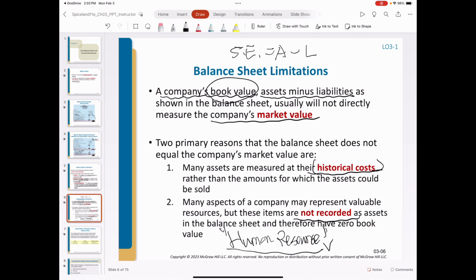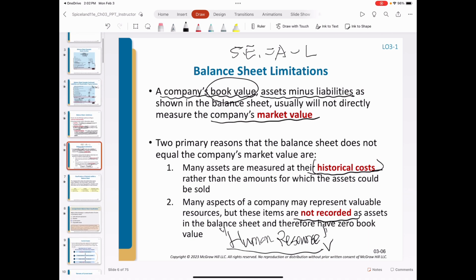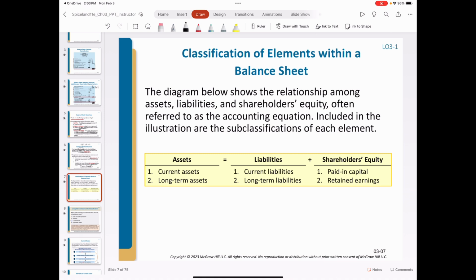Another one is the brand name. We do not report the brand name as a valuable asset, but we know the brand name does generate value for the company. Because of these limitations, when we use the balance sheet, we should keep them in mind.